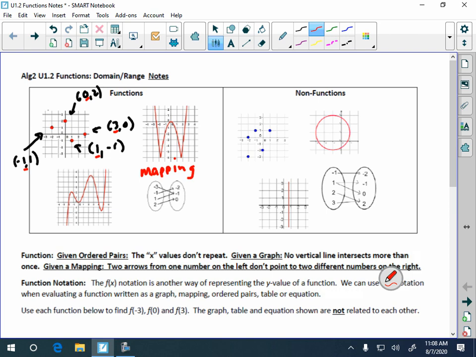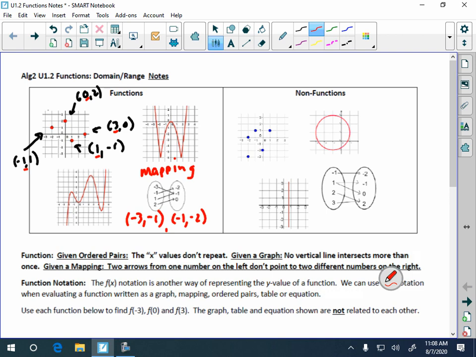And these can also be used as ordered pairs. So you have a -3 paired up with a -1. You can see the arrow, right? If I were to write out the ordered pair (-3, -1), then there's another ordered pair, -1 is paired up with -2, and 1 goes to -1 and 2 goes to 0.